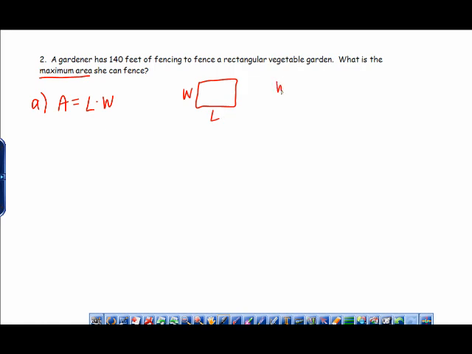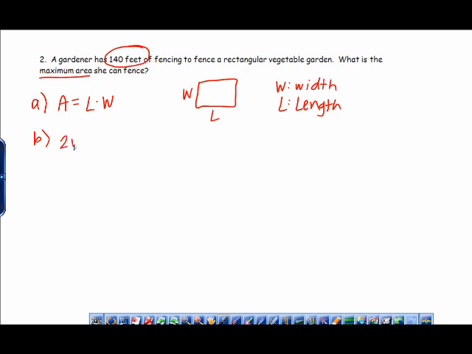So we've got width and length. All right, so part B says, write another equation using the other given information and solve that equation for one variable. So let's use the fact that the perimeter is 140 feet.